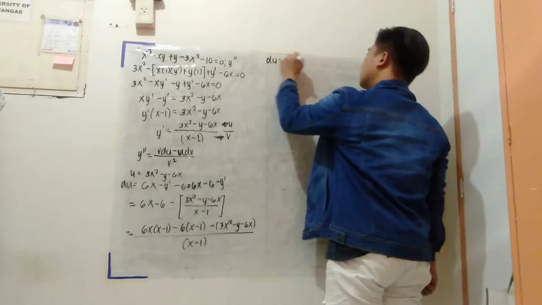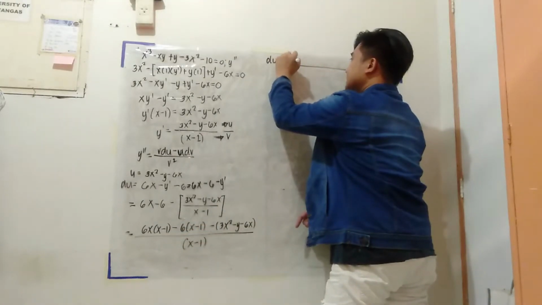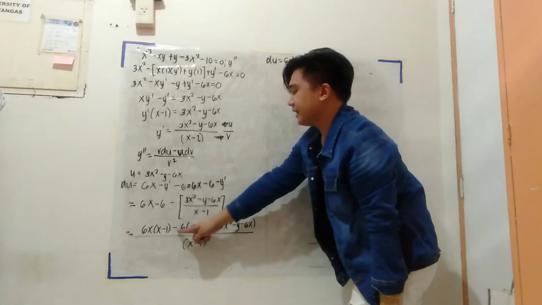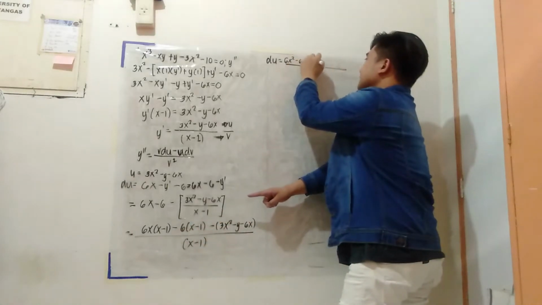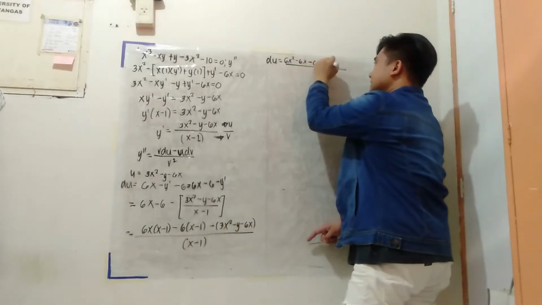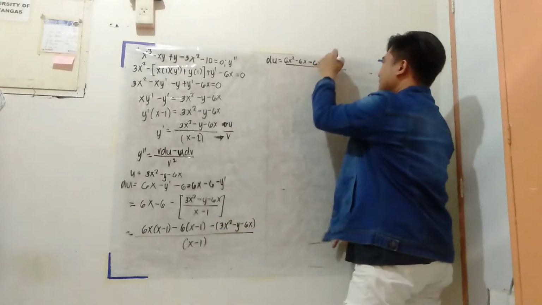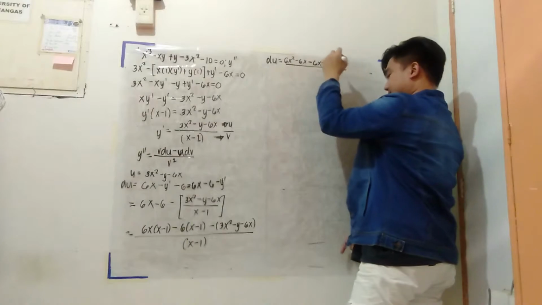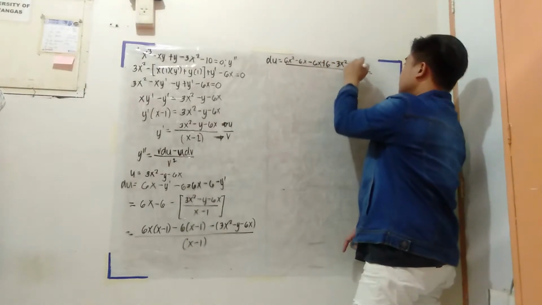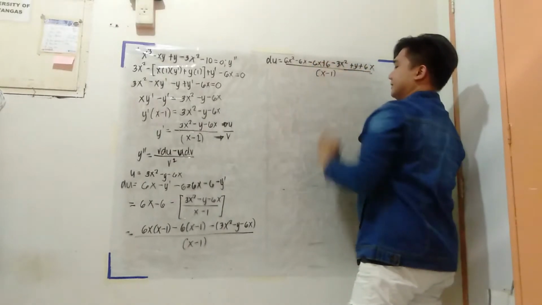Du is equal to 6x times x minus 1, that is equal to 6x squared minus 6x. Then, negative 6x minus 6x. Negative 6 times negative 1, that is positive 6. And then dito, i-distribute ko lang yung negative sign. So, that is negative 3x squared plus y plus 6x all over x minus 1.